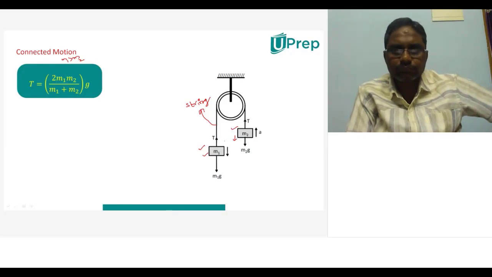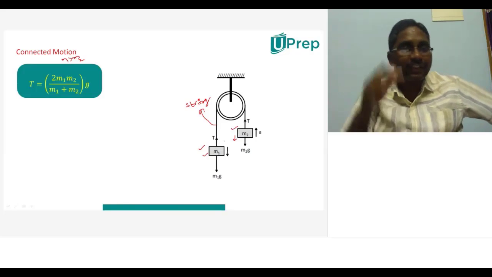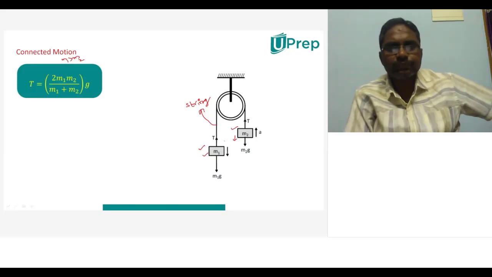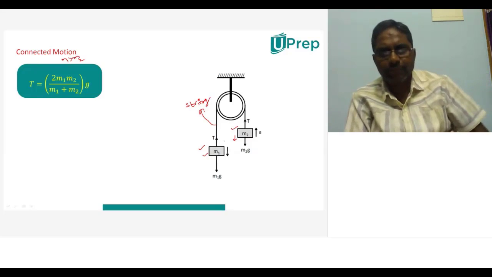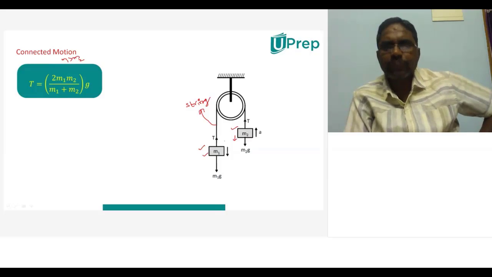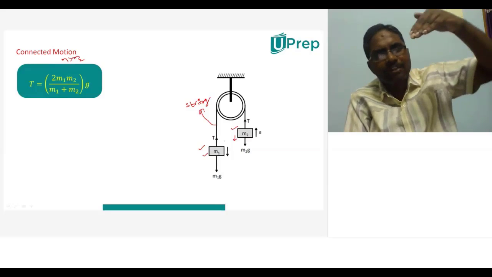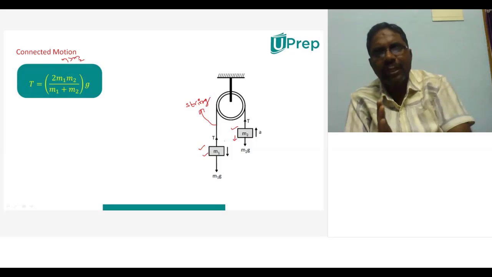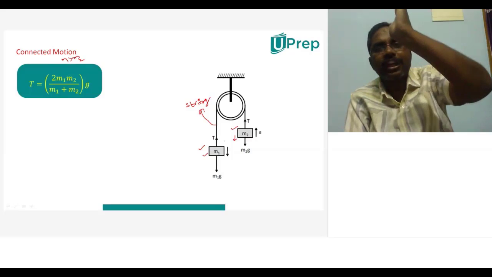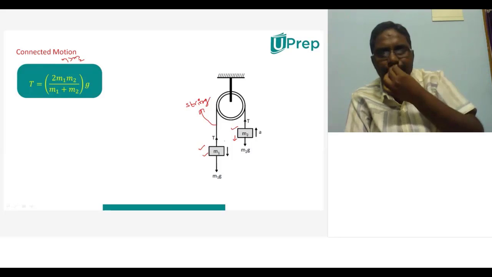Move towards the earth. Right, move toward the earth. Very good. What about m2 at the same time? Sir, it will move in the opposite direction. Opposite direction means upward or downward? Upward. Very good. So m1 is moving in the downward direction, whereas m2 is moving in the upward direction.